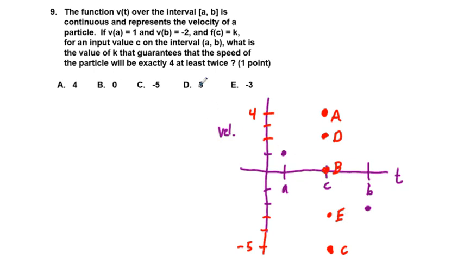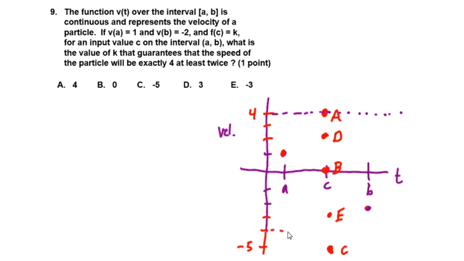If we look for where the speed of the particle is 4, we can go horizontally at 4. For answer choice A, the problem is that to get from v of a to v of b, we only have to cross once.